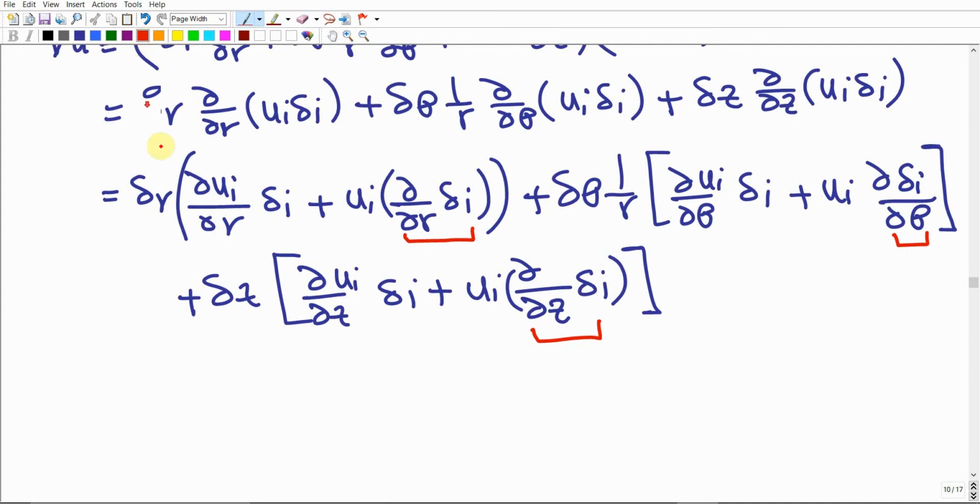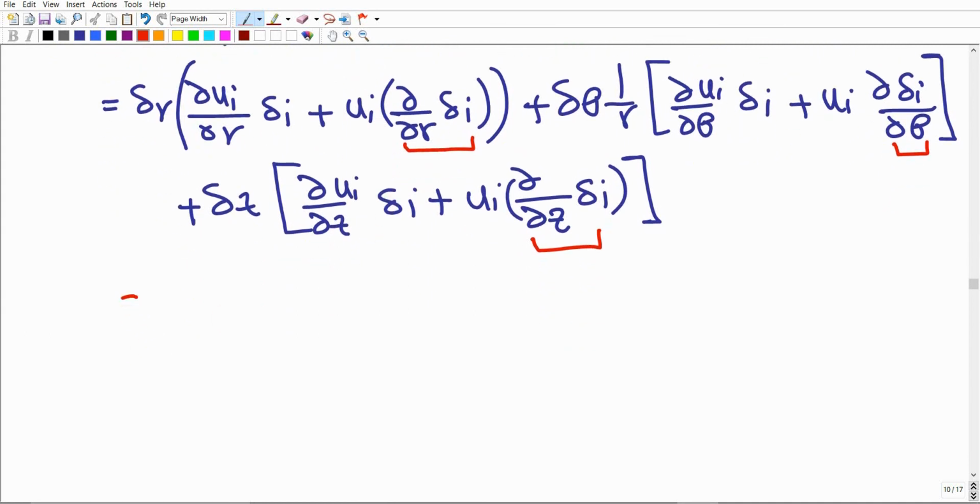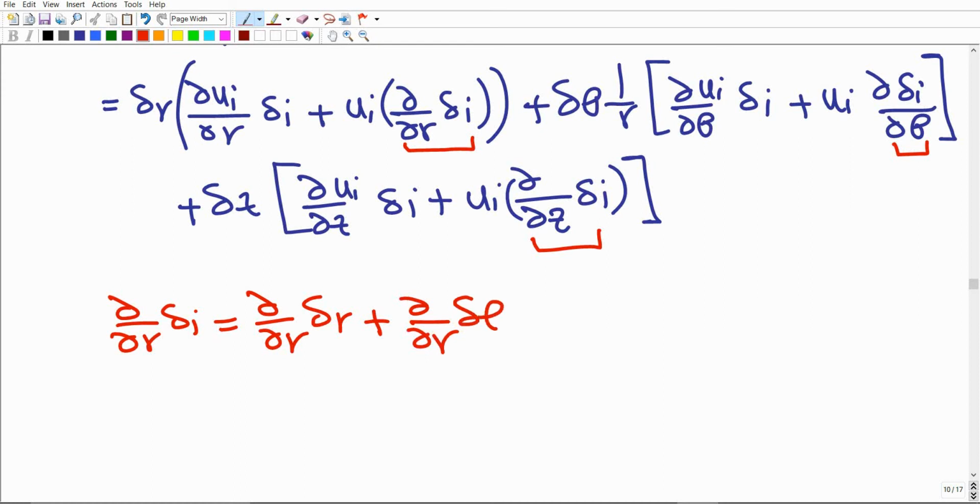So for example, let us work on the first derivative here on the side, partial by partial r of δi. δi will be split into r, θ, and z. So this is going to be split into partial by partial r of δr plus partial by partial r of δθ plus the partial by partial r of δz.